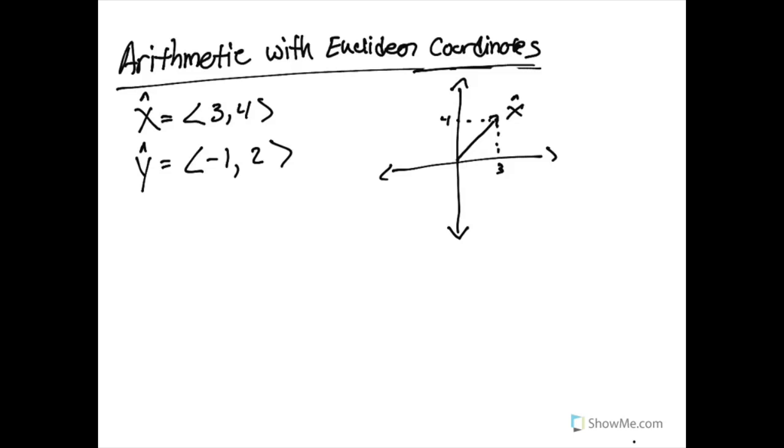So that's x. Y is going to be in a different spot. It's going to be at -1, and then it's going to be a little bit lower at 2. So we'll exaggerate here a bit and say that the y vector is at that spot. Now, when we have vectors in a coordinate system, operations like addition are really straightforward, and we do them component-wise.